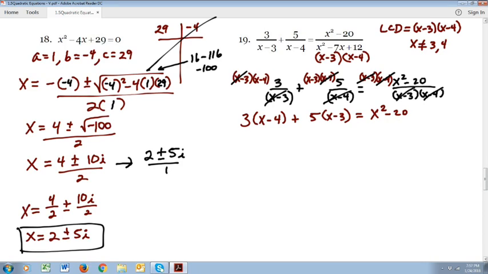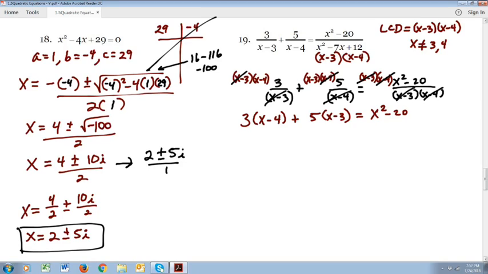Now when you look at this equation and you see that x squared, you should be thinking this is a quadratic equation. And so with a quadratic equation, we want 0 on one side and everything else on the other side. Since my x squared is positive over here, I want to leave that there.